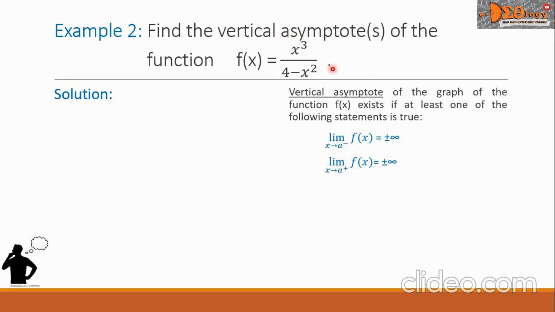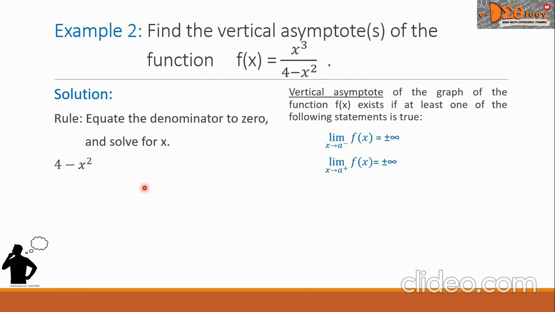Considering the function here, this will approach positive infinity or negative infinity if the denominator becomes 0. So what we're going to do, we're going to equate the denominator to 0 and we will solve for x. So we write the denominator 4 minus x squared and this will be equals 0.